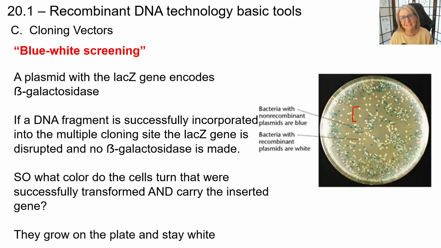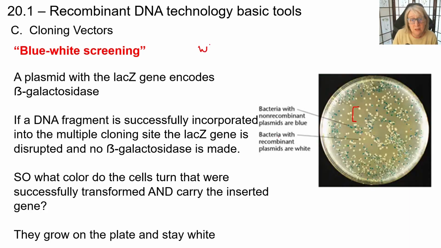They grow on the plate and stay white. They can tolerate the antibiotic because we've inserted an antibiotic-resistant gene with the plasmid that we gave them. They get that no matter what. If I successfully inserted my gene of interest, I inserted it breaking the LAC-Z gene, so it can no longer make beta-galactosidase, so it can't break down the xgal sugar, so it stays white.